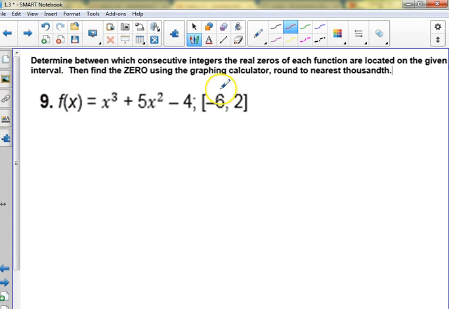This is the section that says determine the zeros, and it says between which consecutive integers, but then find the actual zero using the graphing calculator to the nearest thousandth, which is how many places? 3 decimals, okay? Do you need to do one of these?